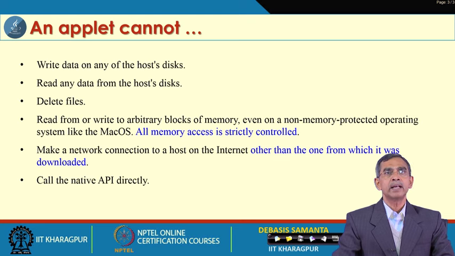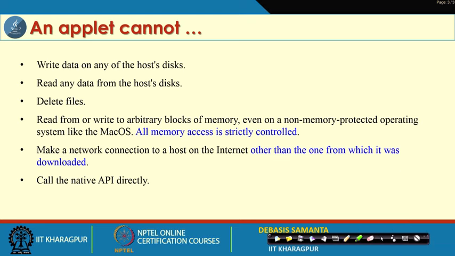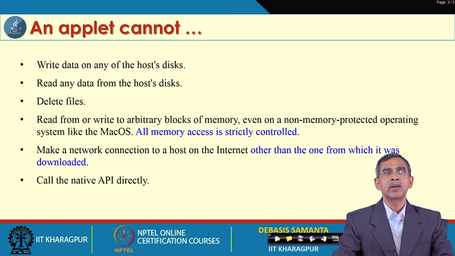On the other hand, an applet has many limitations. For example, an applet cannot write any data into any hard disk, even the local machine hard disk. It cannot read any data from the host machine, that is, the machine from which the applet is running. It cannot delete any files. It cannot read from or write into any arbitrary memory in any non-memory protected operating system like Mac OS.